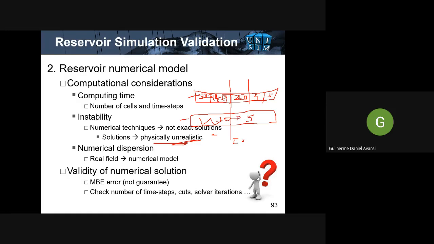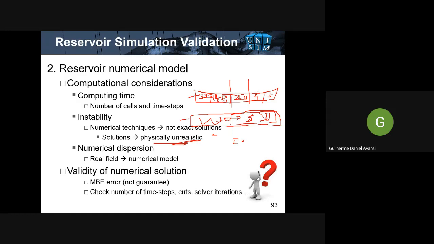So we have this block 20, 5, and 5, and this block is already filled by water. So when we're talking about grid resolution, we can have this kind of dispersion, and we need to be careful with this water moving from one grid cell to another. This is very common to happen.